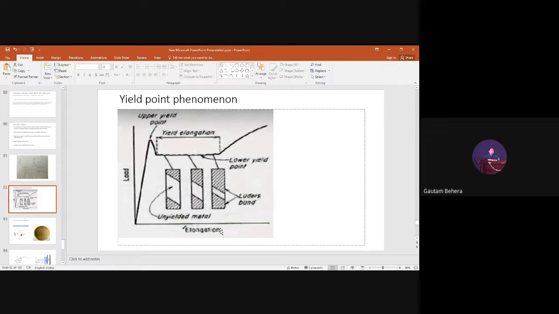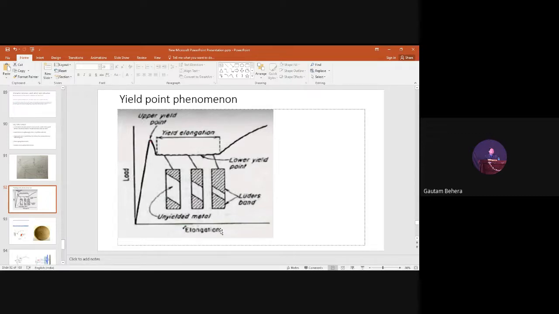There will be heterogeneous deformation. That means some part of the specimen will yield and the rest will not yield, right? So a boundary will form between the yielded and unyielded part. That is basically the Ludar band.